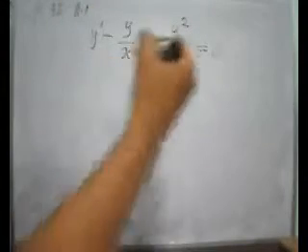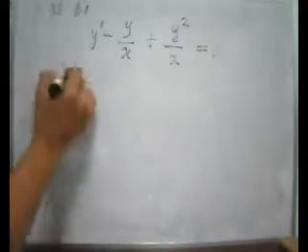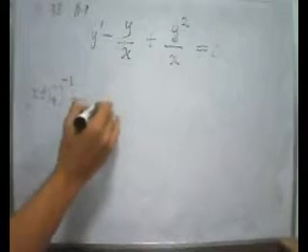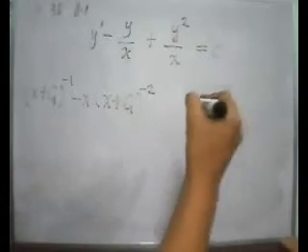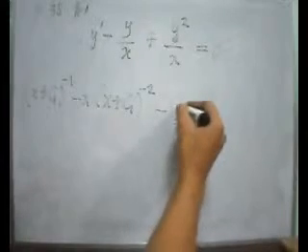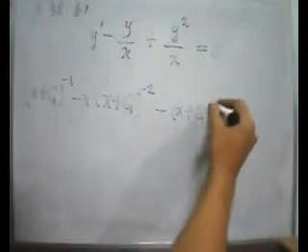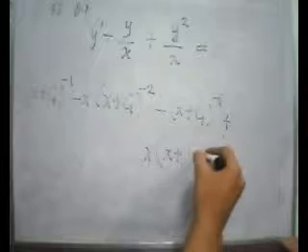So y prime is, we have x plus c1 raised to negative 1 minus x times x plus c1 raised to negative 2, minus the y divided by x, we have already here x plus c1 raised to negative 1, and then plus the y squared divided by x, we are only left with a single x here, times x plus c1 raised to negative 2, equals 0.